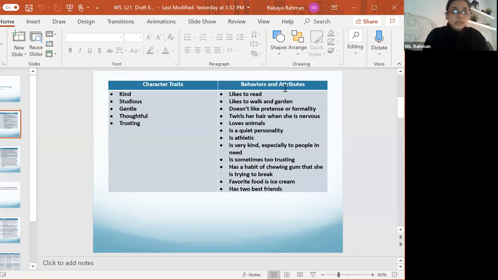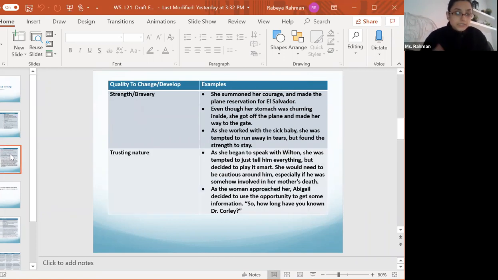So I'm thinking here of how the certain character traits I have attributed to my character can be shown throughout my writing, okay?